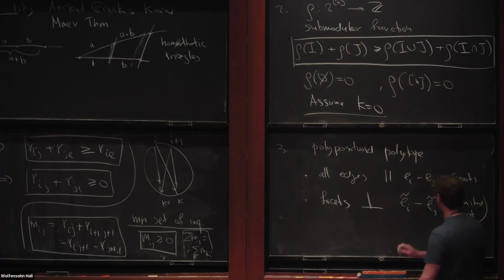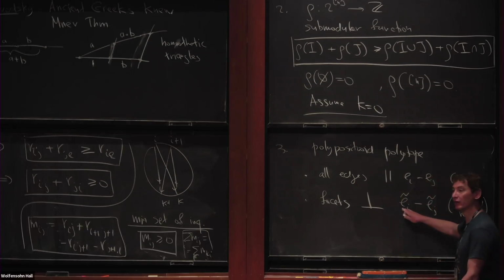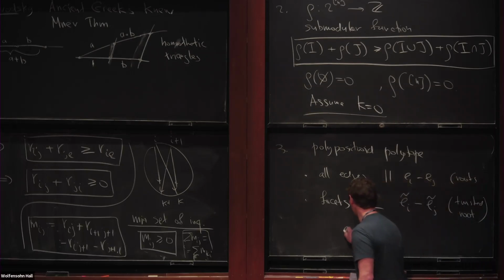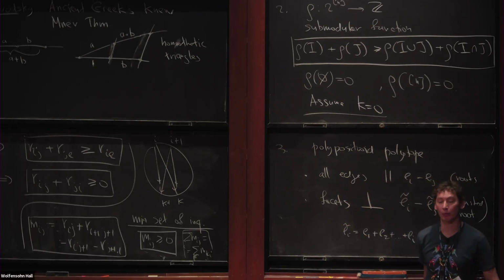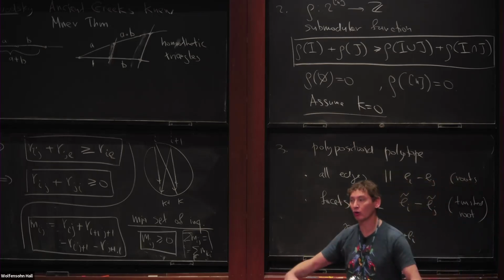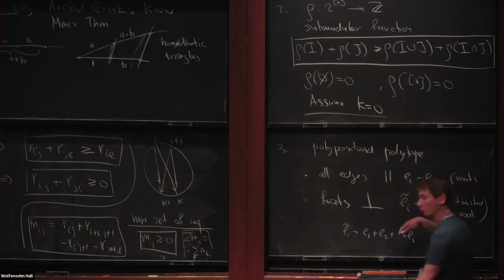So what's a twisted root? Again, it's e_i tilde minus e_j tilde. So what is e_i tilde? It's just e_1 plus e_2 plus ... plus e_i, kind of an initial segment. And it lives in the dual. This polytope lives in the space where all coordinates sum to 0, so the facet normals should live in a dual space, which is R^n modulo the vector (1,1,1,...,1).